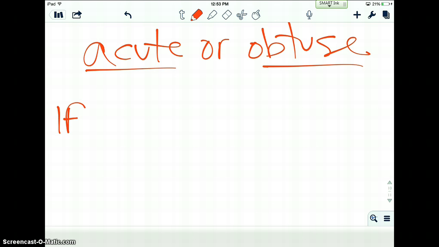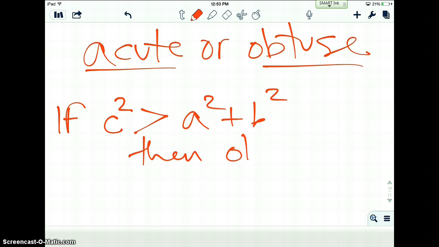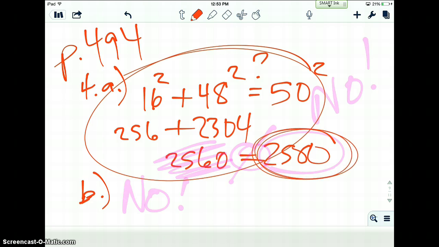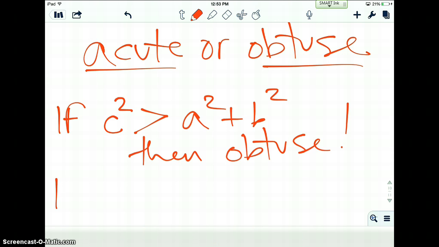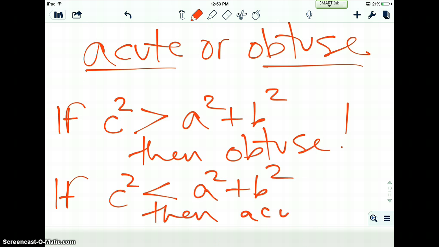If the square of the hypotenuse is bigger or greater than the square of the legs, then what do you think? Then it's obtuse. We wouldn't even need to look at a picture, we would just know. So in this case, the square of the hypotenuse was not bigger than the square of the legs. If the square of the hypotenuse is smaller or less than the square of the legs, then you have an acute triangle. A cute little triangle.